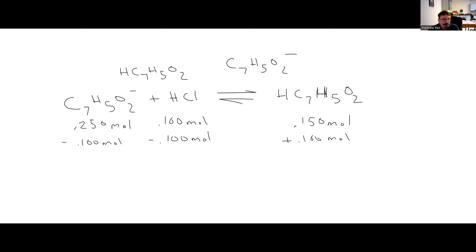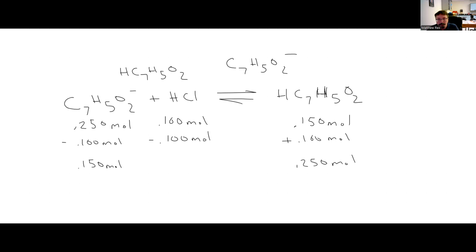So after this whole thing is done, we'll now have 0.150 moles of our conjugate base and 0.250 moles of our conjugate acid or weak acid.